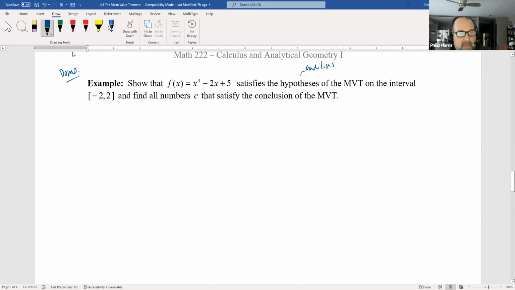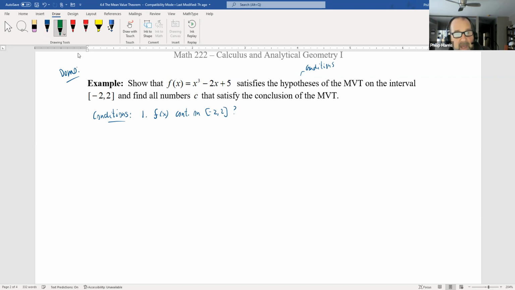So let's look at the conditions. I think you'll find the conditions here are actually pretty easy to check with the hypotheses. Number one, is f of x continuous on -2 to 2? Is this true here?